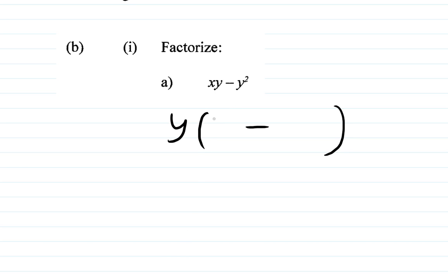What must be there? It would be x. Or y times x is yx or xy. Alright? Minus y times what you're going to put here will give you y squared. y times what gives you y squared? It is y times y. So it's x minus y. Okay? So you see that?